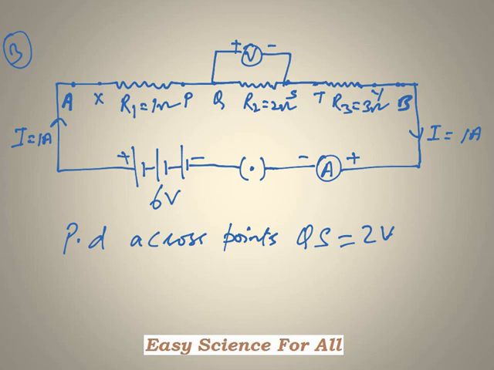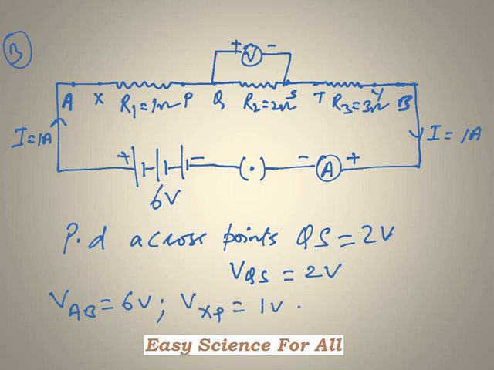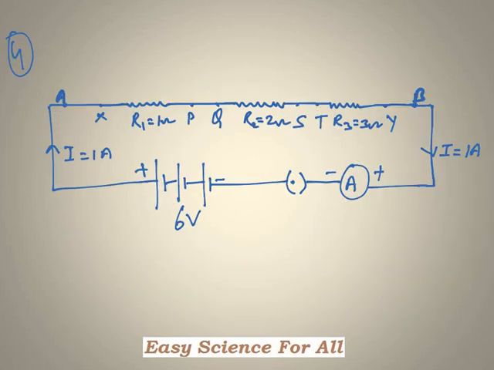Let us denote this potential difference by VQS. So it will be 2 volt. So right now we have three potential difference values, VAB which was equal to 6 volt, then VXP which was equal to 1 volt, and now we have VQS equal to 2 volt.